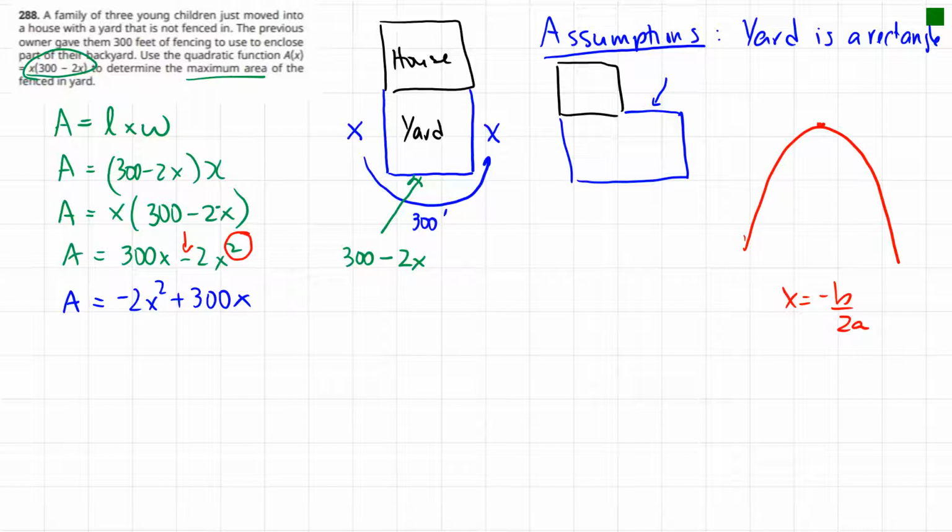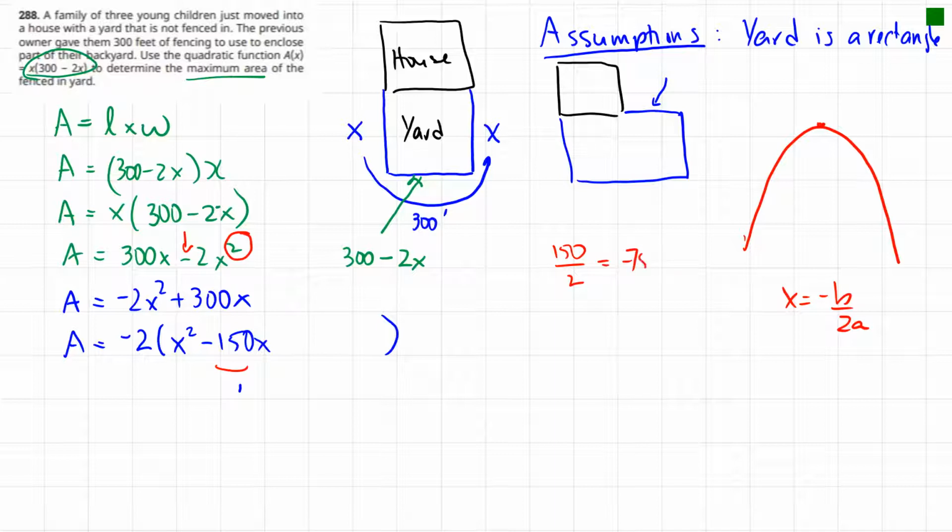So I'm going to rearrange this so that the x squared is first. I am going to factor out the negative 2, and that leaves me with x squared minus 150x, and now I'm going to complete the square. So the way I do that is I take 150 and I divide it by 2. So what I'm doing there is taking this number here, 150, dividing it by 2, and then I'm going to square it.